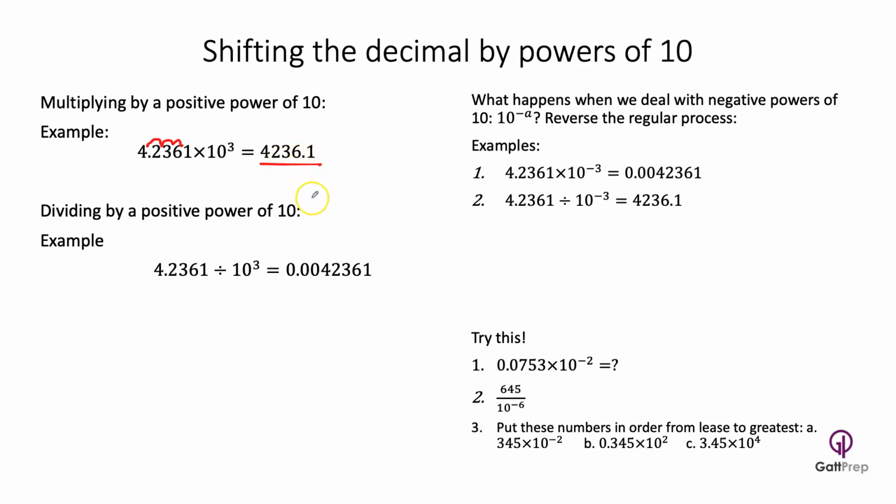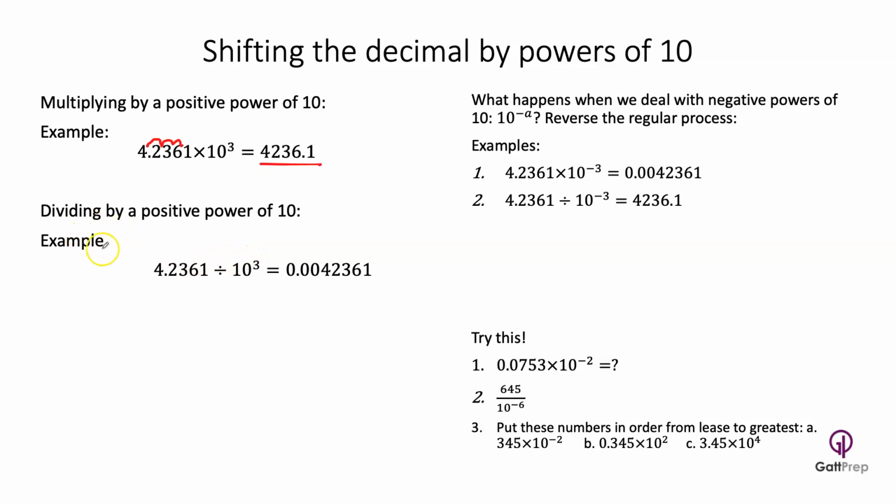4236.1. Now, dividing a number by a positive power of 10 will yield the opposite result of multiplication. So here you move the decimal to the left by the specified number of places, and this makes the number smaller.